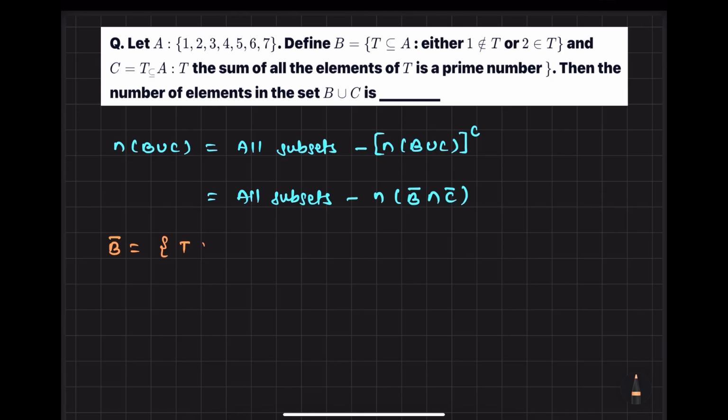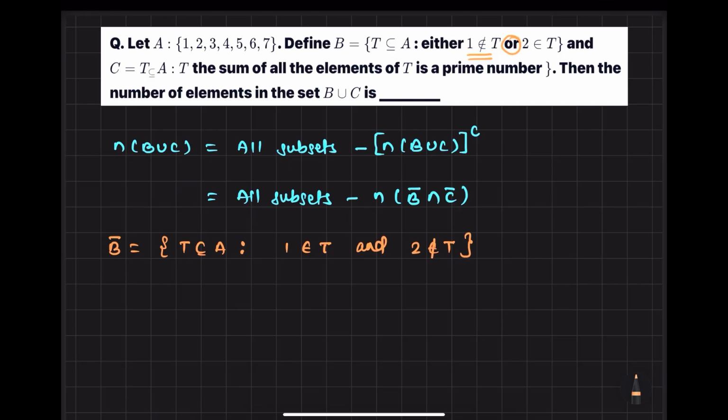B bar is again T a subset of A such that, now this time they are saying that 1 is not a member of T. This means you will change it and make it: 1 is a member of T. This "or" will change into "and", okay. 2 was earlier a member, so now 2 is not a member of T. So B bar is a subset which will contain 1 and which will not contain 2.